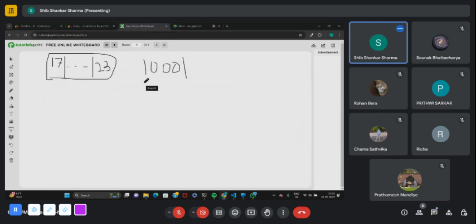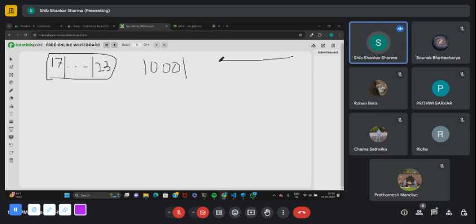To optimize that approach, I can see that this bit is already set. If I go to this bit, I need to think: is there a number between 17 and 23 which has a set bit in this position? If I have a way of saying whether such a number exists or not, then I can build my answer.